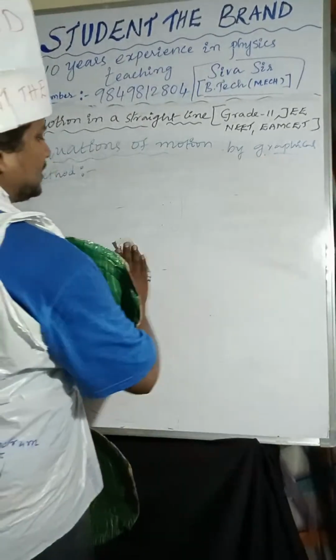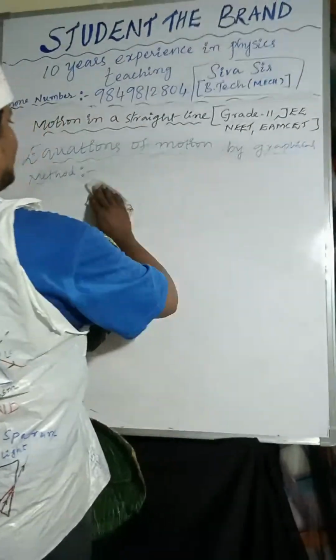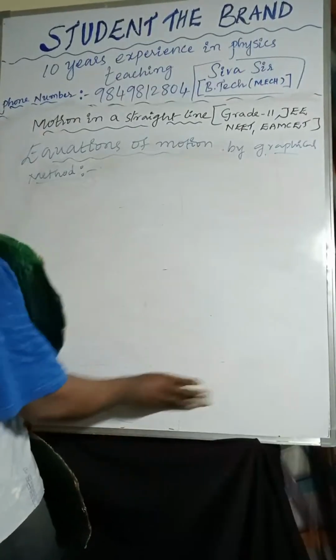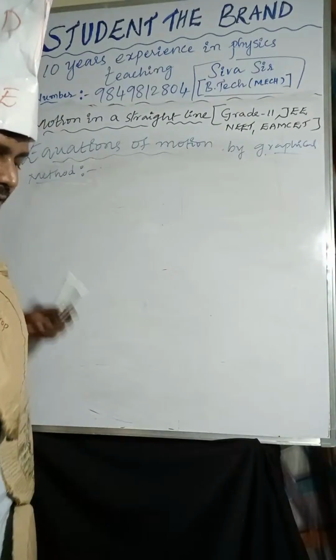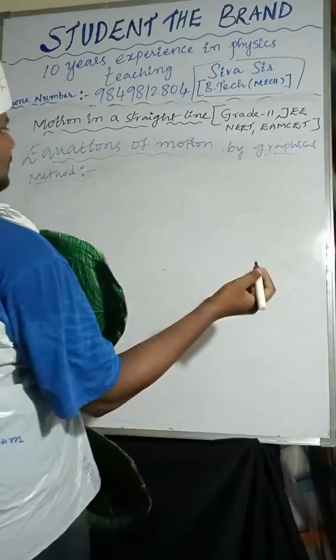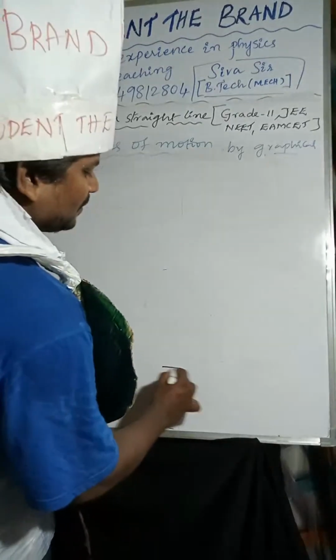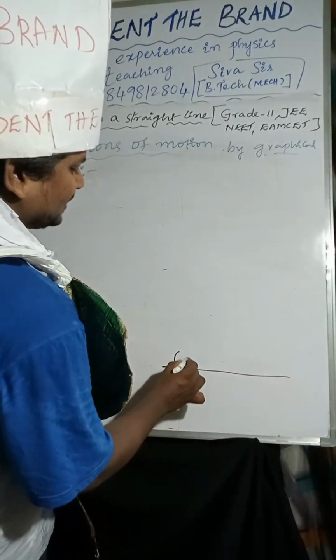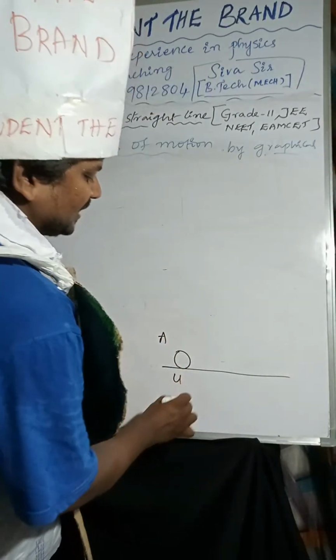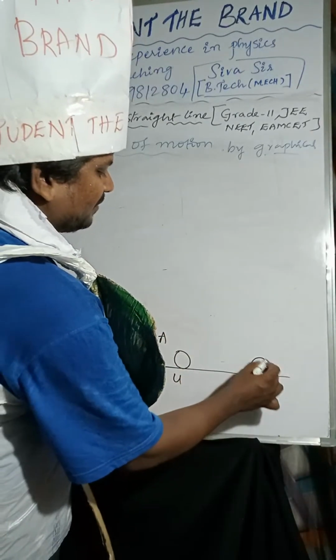So we will discuss equations of motion by the graphical method, and the integration method also. We will discuss both the cases. Now we are considering one example. Suppose the object is here, at point A. It is starting with initial velocity u and reaching the final velocity v.